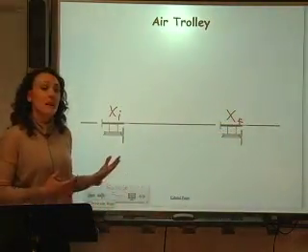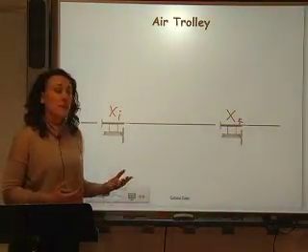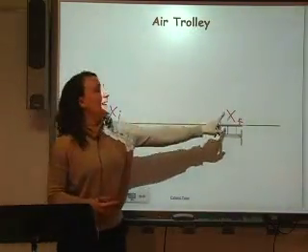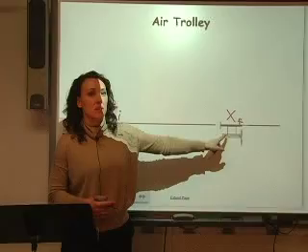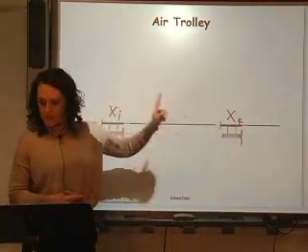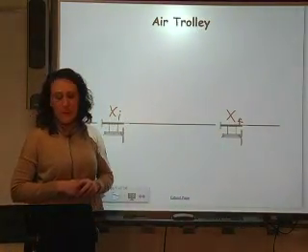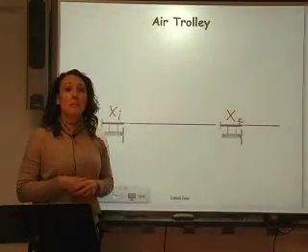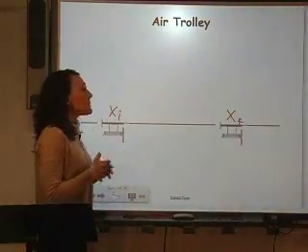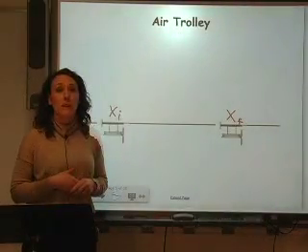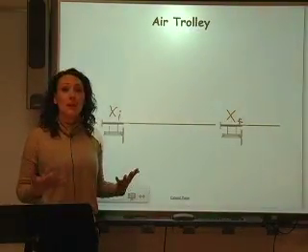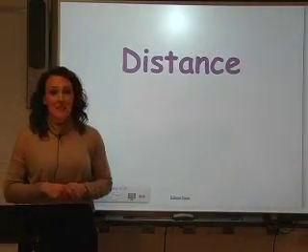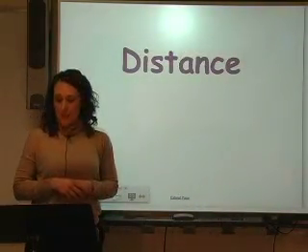Now if you look at this, it represents the motion that we saw. We know that the object started here at its initial position, and it ended here at its final position. Now, what other information might be helpful to somebody in terms of representing the motion of the air trolley? Well, one other piece of information we could give is distance. Please write this down.